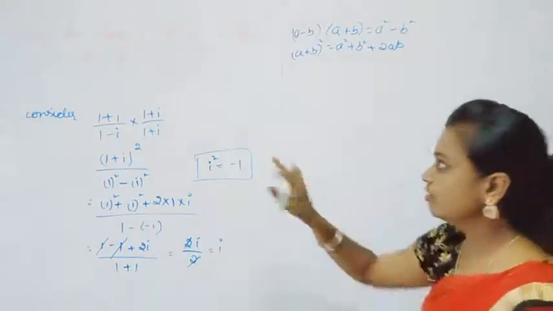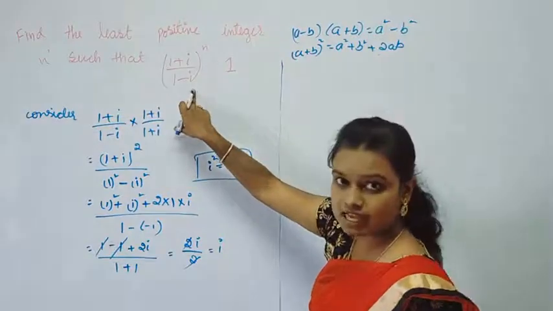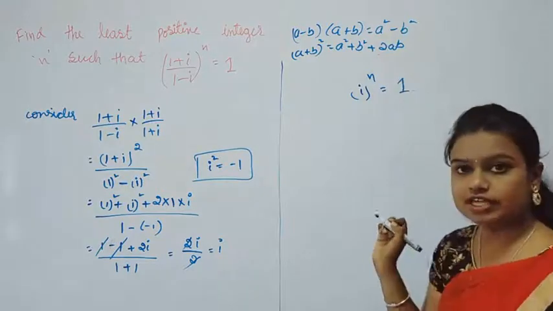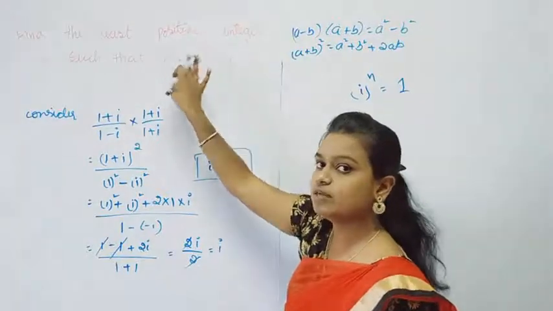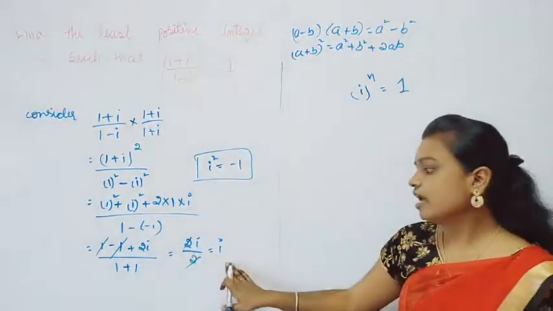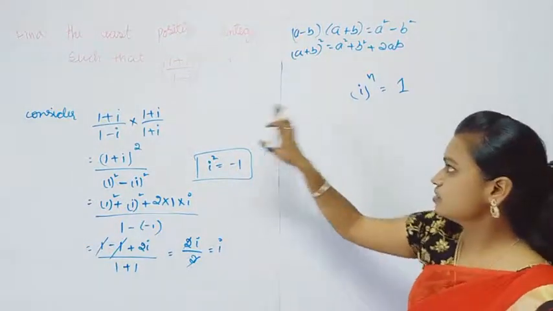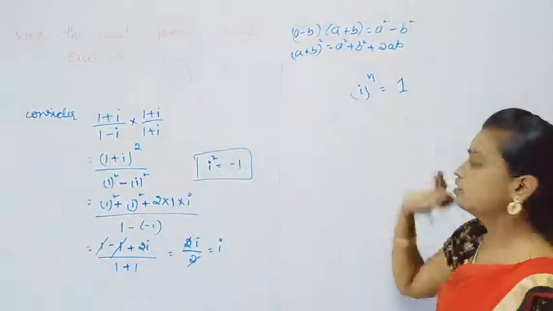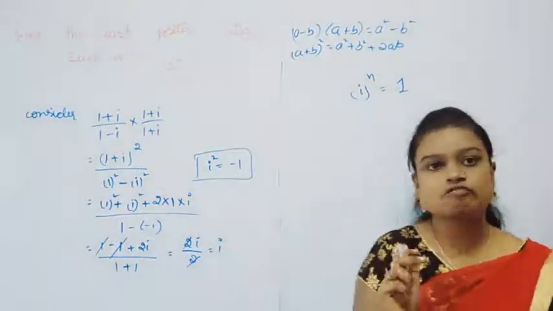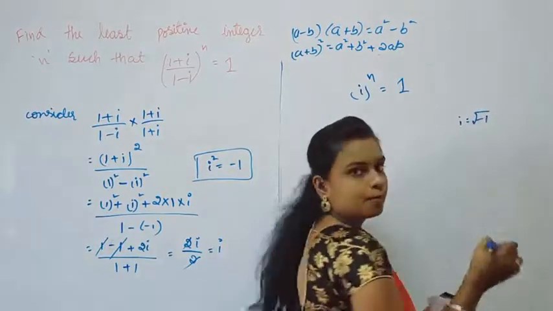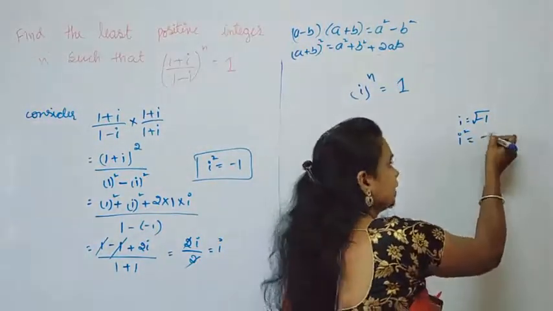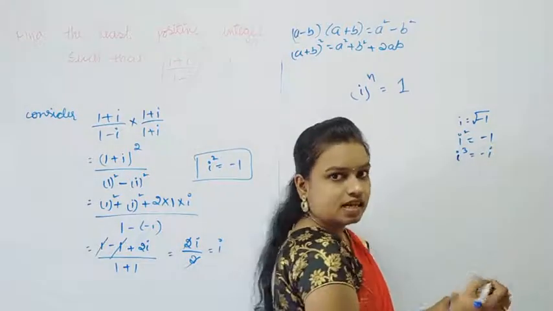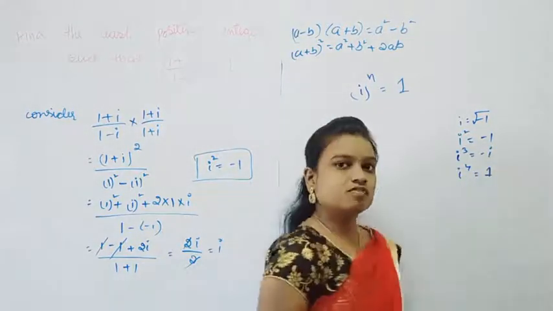So observe that for this one, 1 plus i by 1 minus i is equal to i. You already know that i to the power of 4 is equal to plus 1, right?